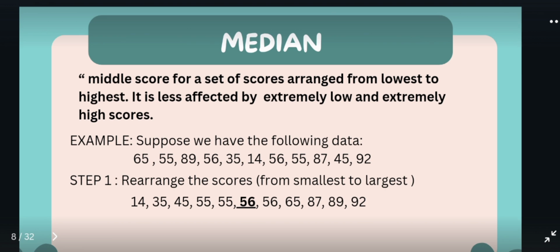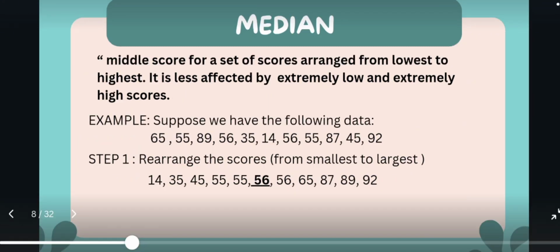Suppose we have the scores, again, 65, 55, 89, 56, and up to 92. First thing to do, class, is we have to rearrange the scores from smallest to largest. Tingnan lang natin, bilangin lang natin si middle score. Kapag si middle score, nabilang na natin, nakuha na natin, then we get the median.